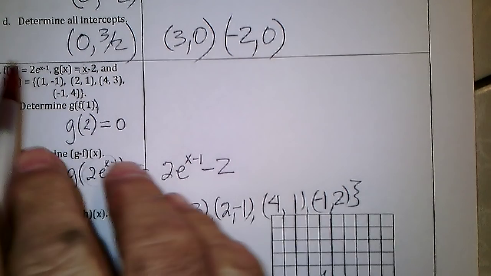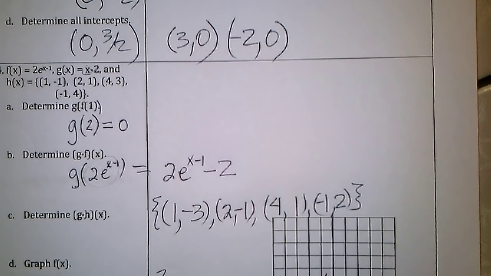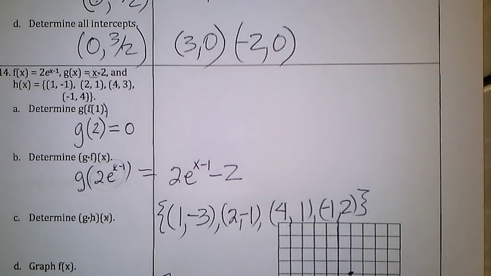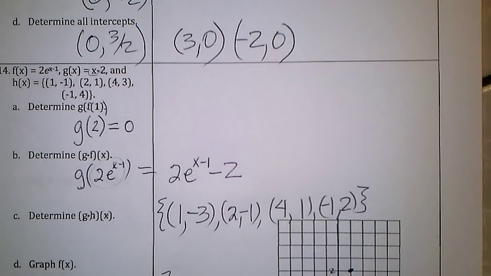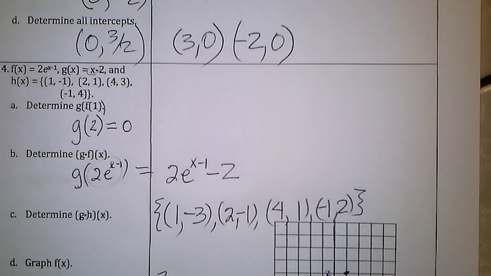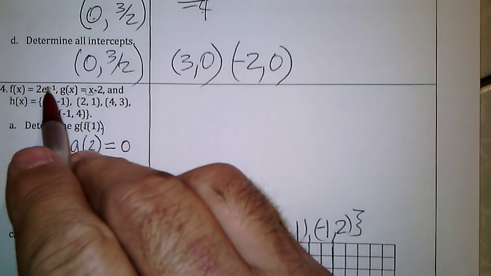If I put in 1, 1 minus 1 is 0. E to the 0 is 1 times 2 is 2. If I put in 2, 2 minus 1 is 1.